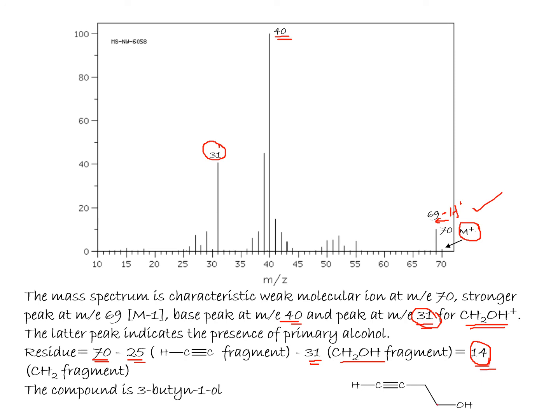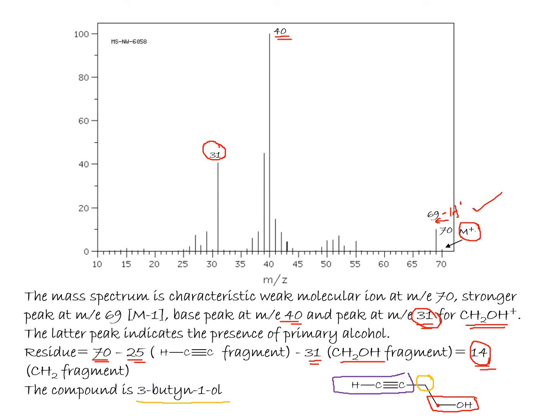So you have CH2OH, this part, you have C triple bond CH, this part, and you end up with the CH2 group. Most likely your compound is 3-butyn-1-ol.